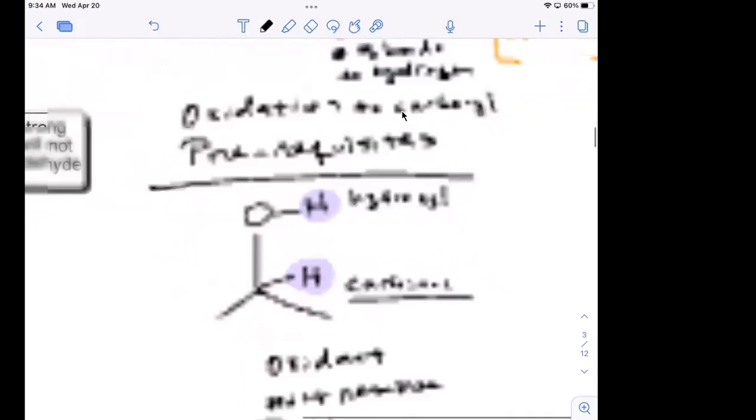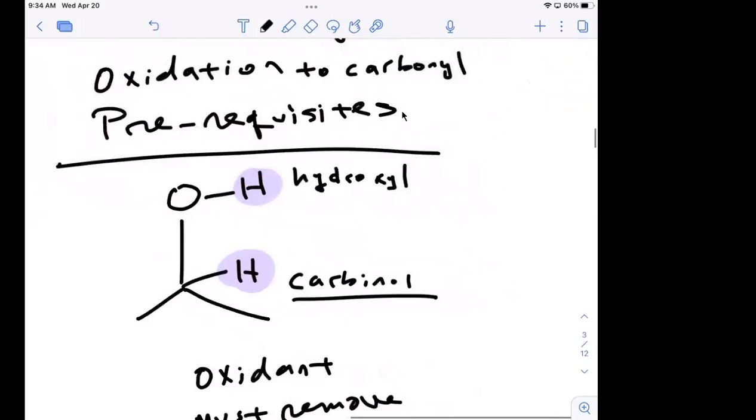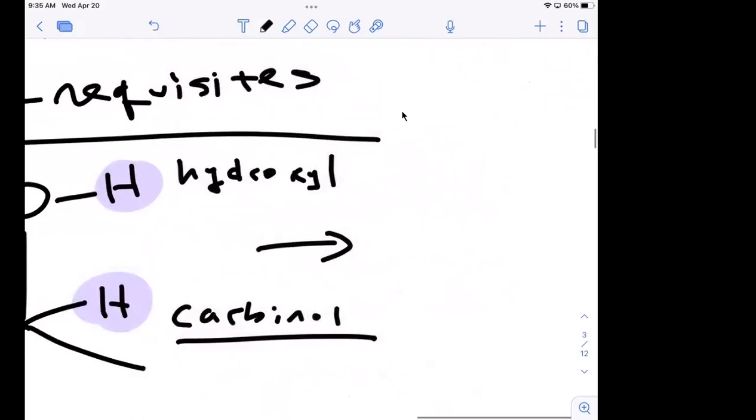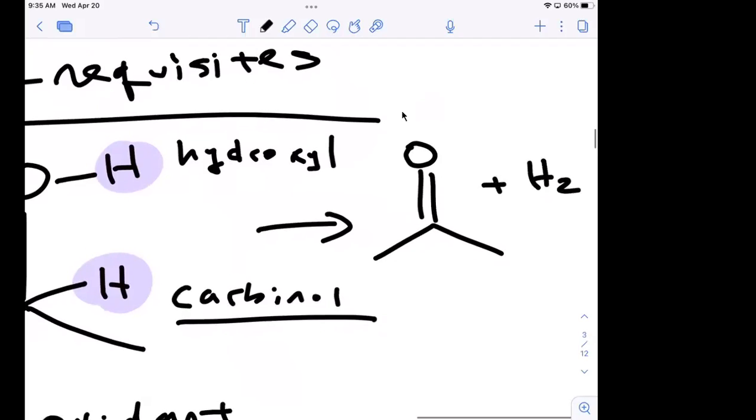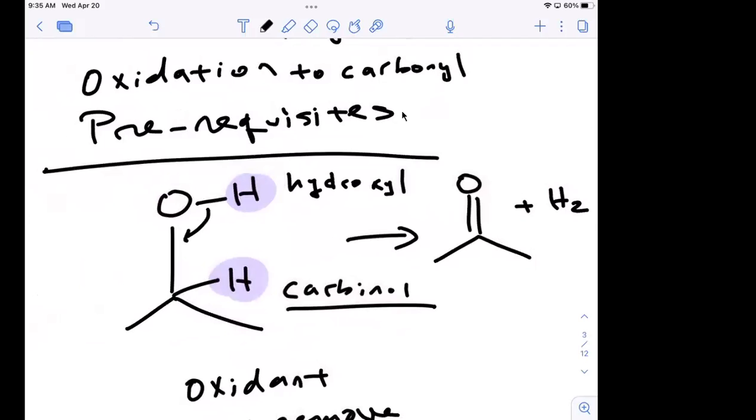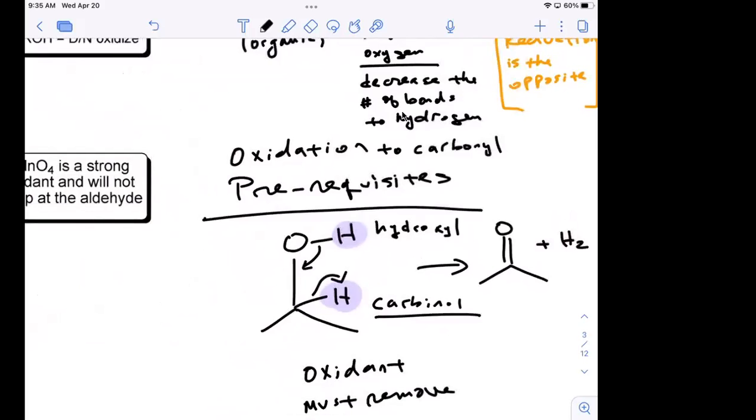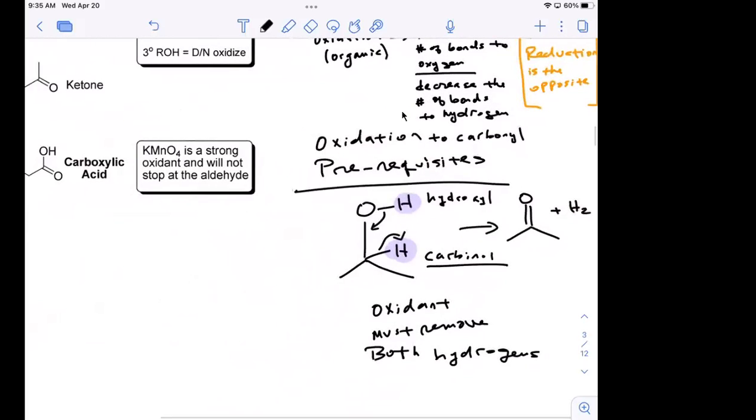Somehow you need to lose, and I'm generalizing this because you don't always make H2 as a side product, but you need to get here. So this is your carbonyl plus, let's say, H2. So you need to lose H2 in order to get that carbonyl. And that's a prerequisite. If there's no carbonyl proton, then it's really not going to be possible to oxidize that alcohol.